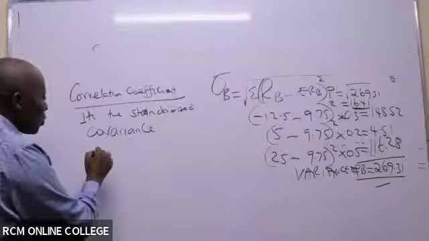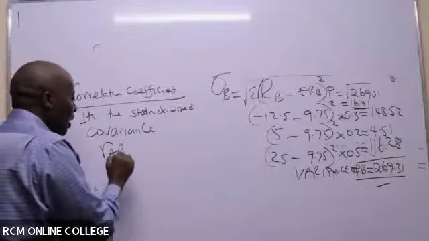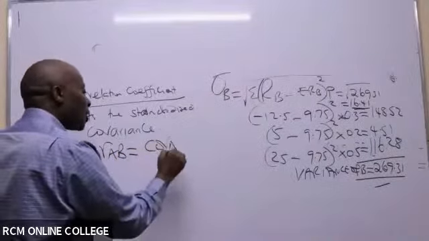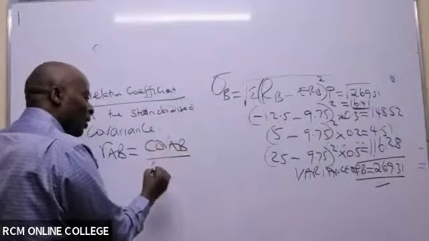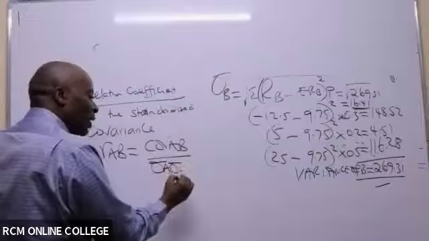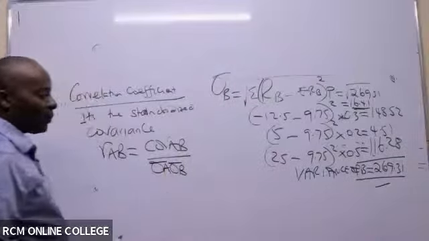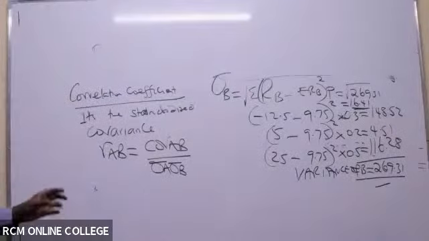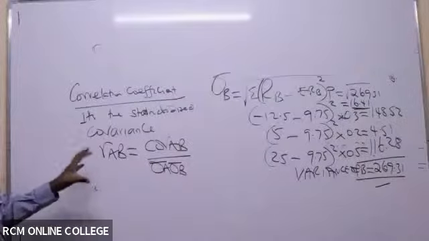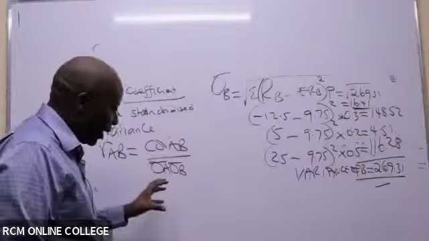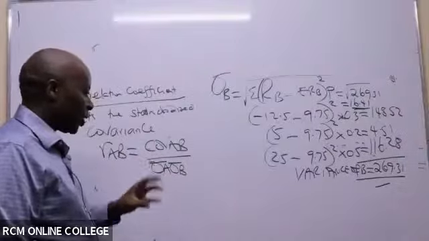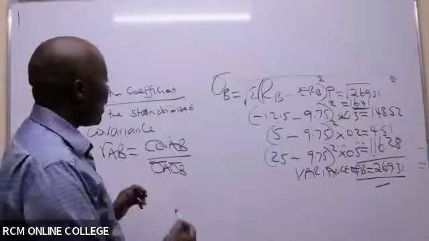So if they tell me to give them the correlation between A and B, I will remember it's standardized covariance. Basically, take the covariance you have and divide it by the respective standard deviations. So correlation between A and B equals covariance of A and B divided by the standard deviations of the two securities.